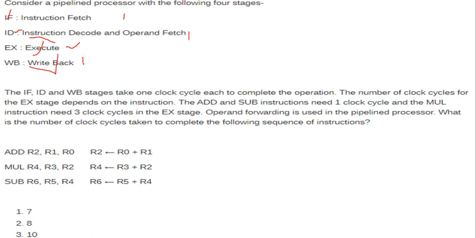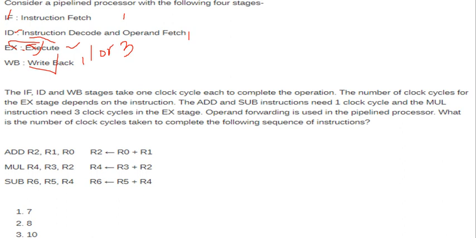If the instruction is addition or subtraction in the execution phase, we need only 1 clock cycle. And if we have a multiply instruction, then the execution phase requires 3 clock cycles.